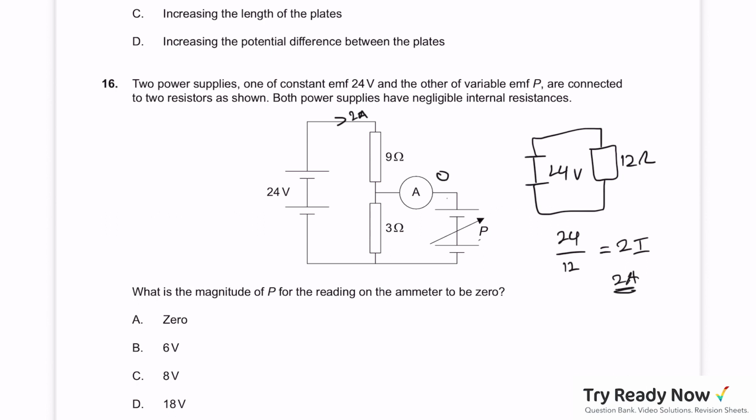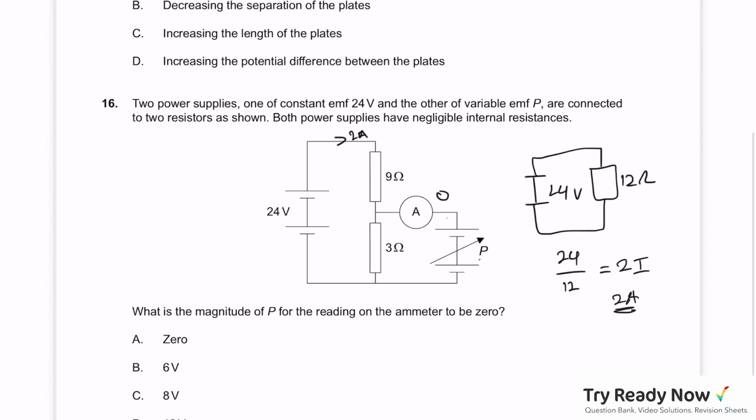Next, we can find the voltage at this resistor, how much voltage actually gets expended. We can use V equals IR. So V in this case is 9 times 2, which is 18, and V here, because 24 minus 18 is 6, but just to double check, 3 times 2 is also 6.